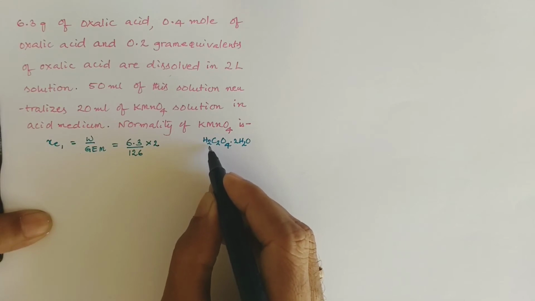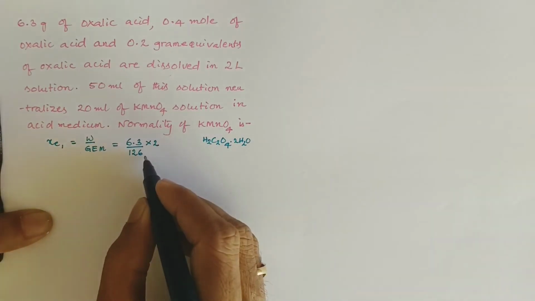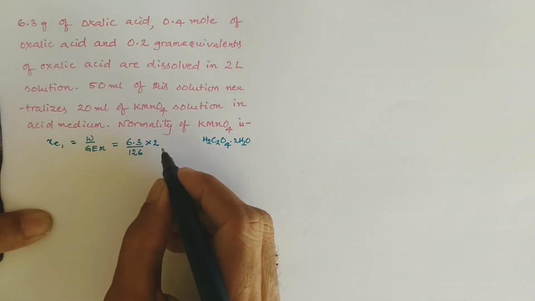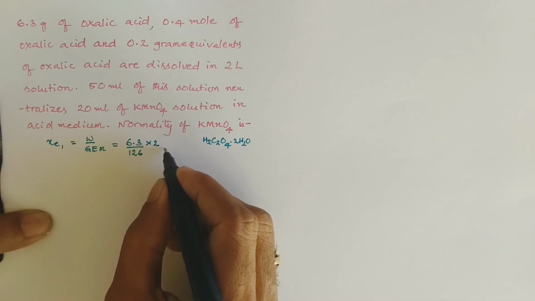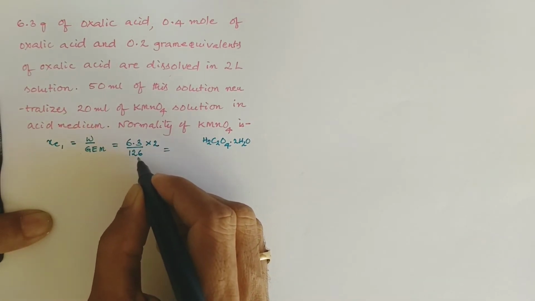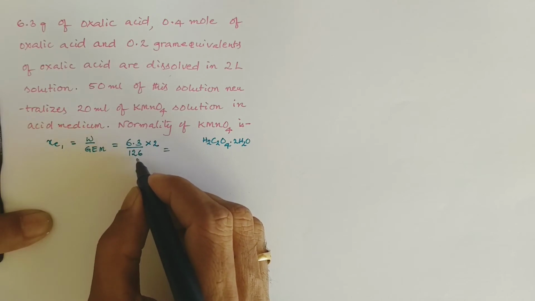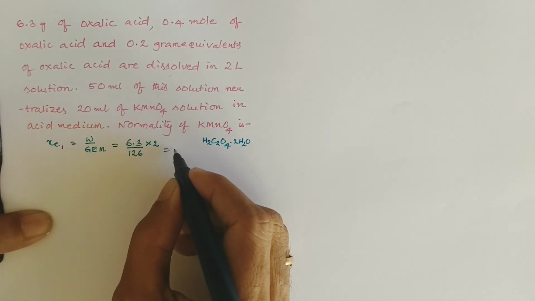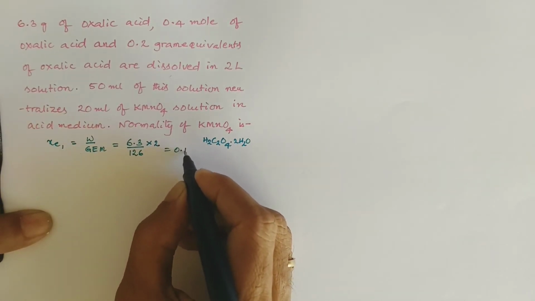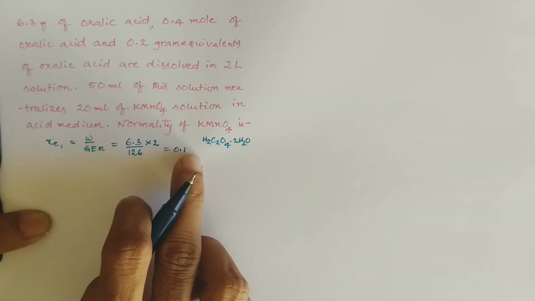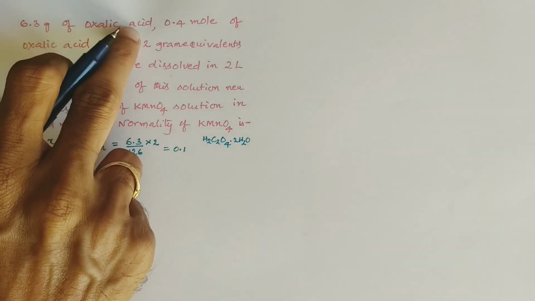So it gives 2 H plus ions. So molar mass divided by basicity: here 2 cancels, 63, so 6.3 by 63 is equal to 1 by 10 or 0.1, right? So this is the number of equivalents present in the first solution.